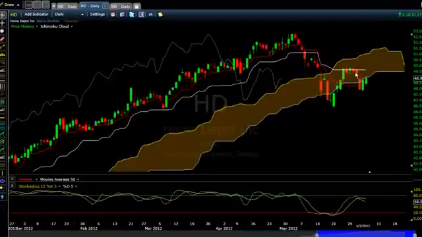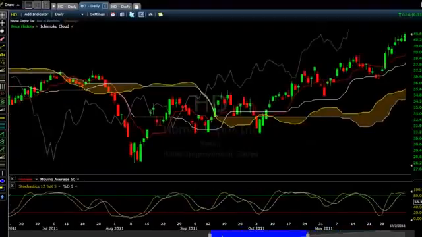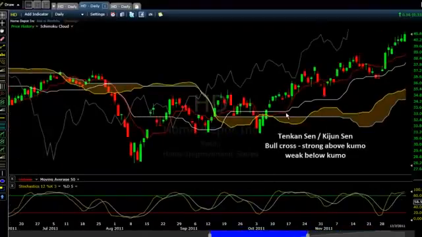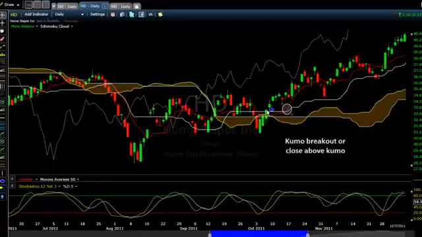When price is inside of Kumo, that's considered a no trade signal. A Tenkan-sen cross to the downside is a bearish cross when it passes through Kijun-sen. If we come back in price here, you can see where we had our first TK cross right here back in October of 2011. The significance of the system is that it's a trend following system, and as such it'll keep you in a trade much longer, because although this is a buy signal here, this TK cross, we also have a Kumo breakout where price moves above Kumo and closes.